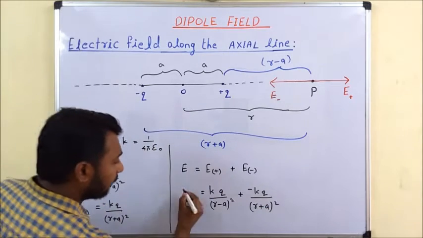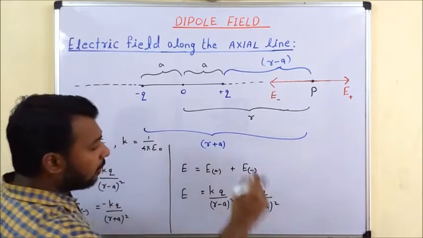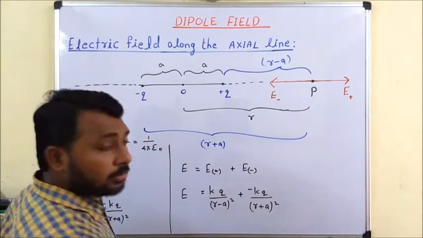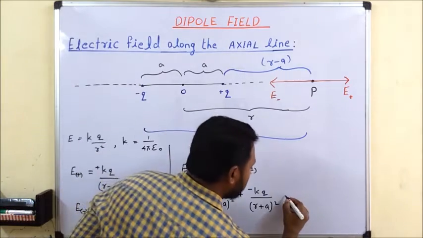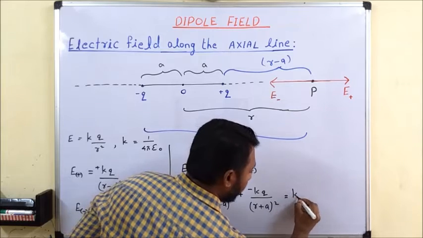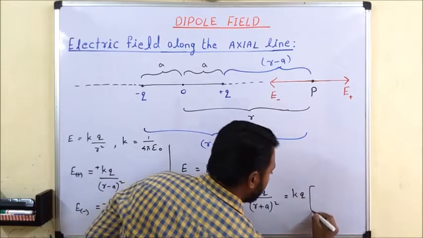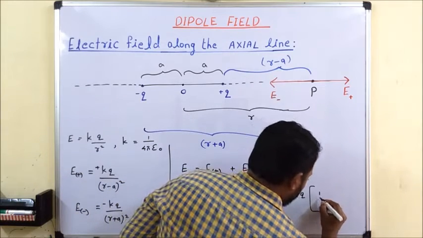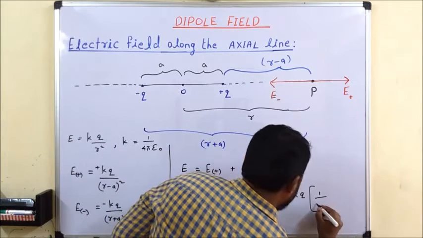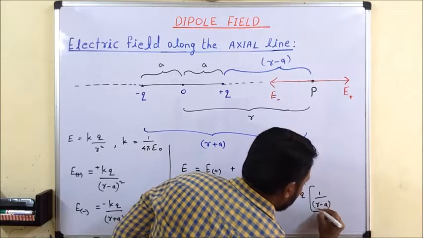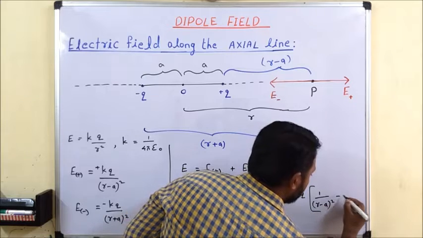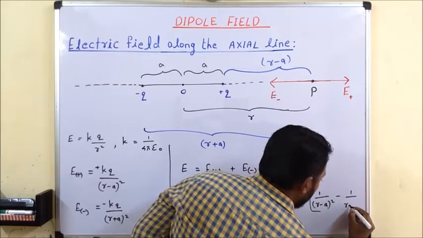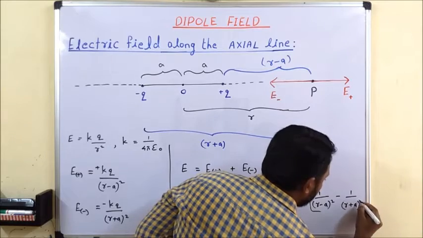Now let's take the common factor KQ outside. I can write it as KQ into 1 by R minus A whole square minus 1 by R plus A whole square.